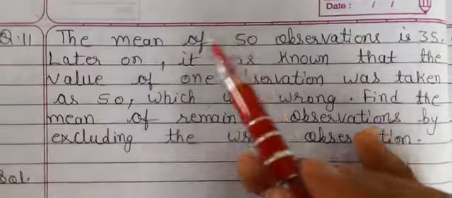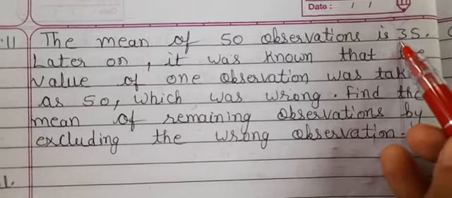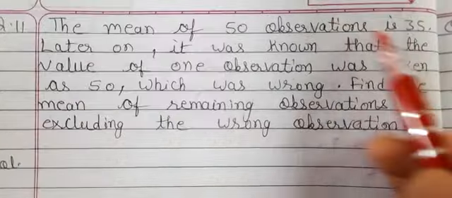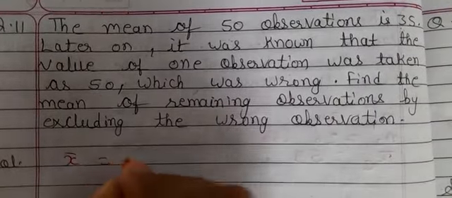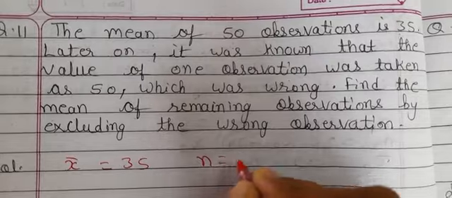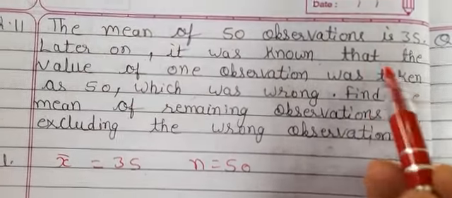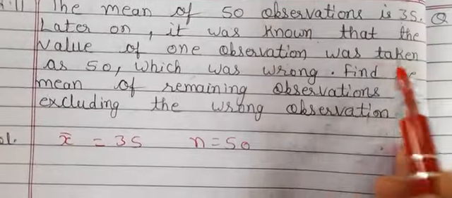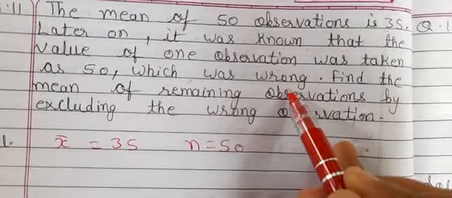Question number 11. The mean of 50 observations is 35. That is, the mean and N are given: X bar is equal to 35 and N is equal to 50. Later on, it was found that the value of one observation was taken as 50, which was wrong.